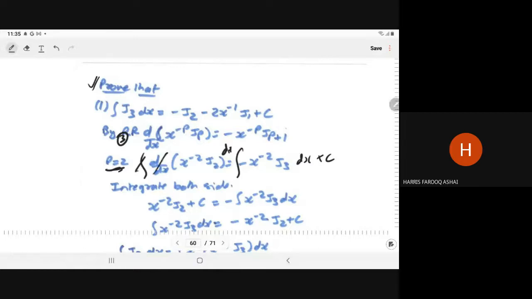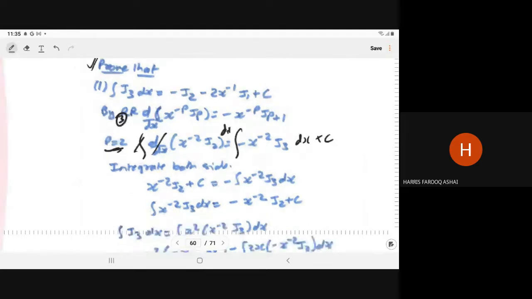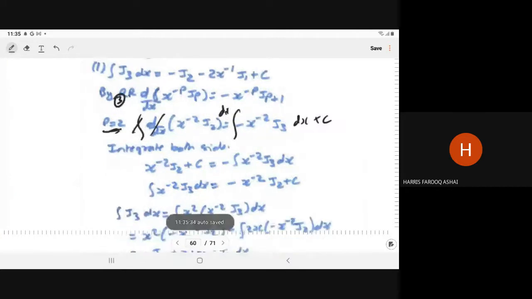You will get x to the power minus 2 J_2 plus c is equal to minus the integral of x to the power minus 2 J_3 dx. So take the minus to the other side: the integral of x to the power minus 2 J_3 dx is equal to minus x to the power minus 2 J_2 plus c.